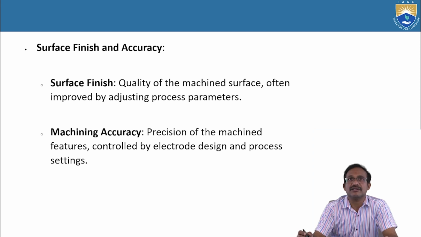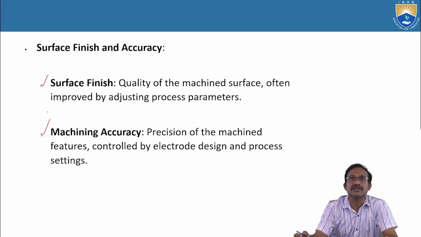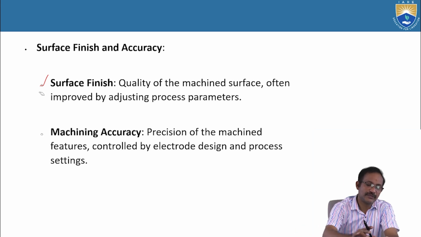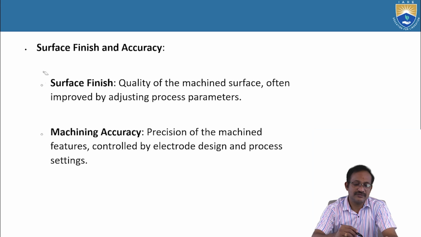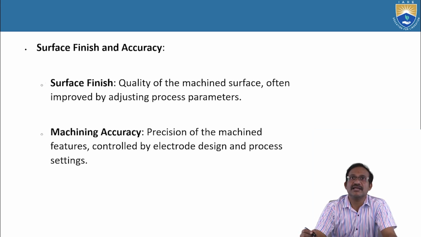Surface finish and accuracy. Surface finish: quality of the machined surface is often improved by adjusting process parameters.